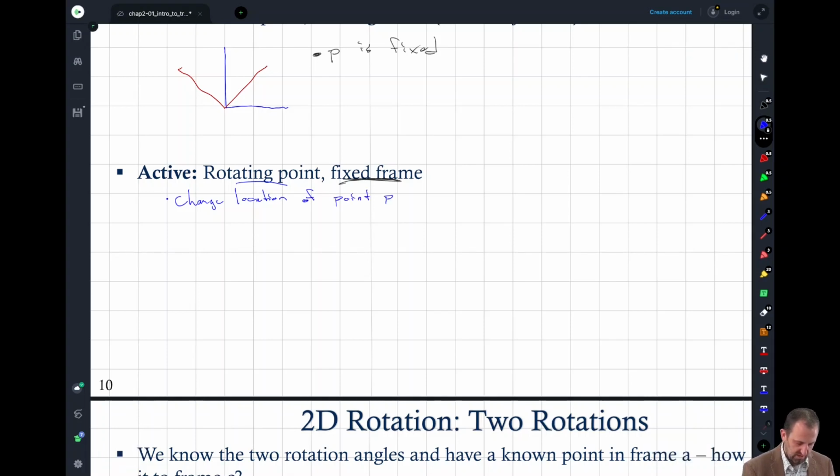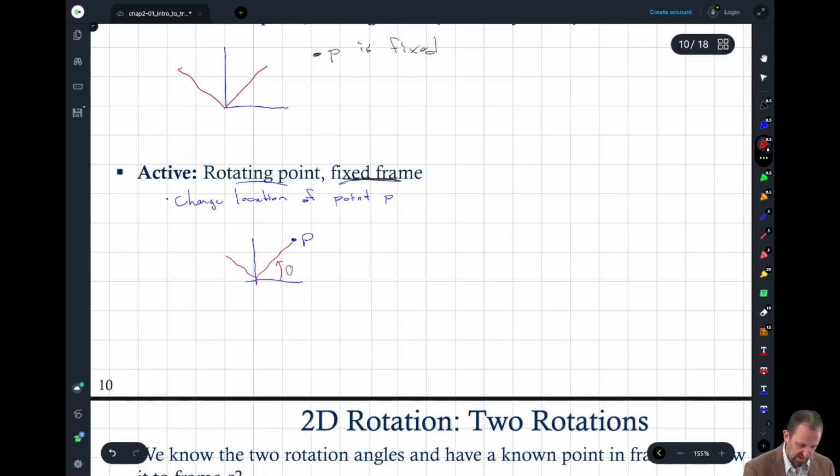So say we have a point P defined here, and we could essentially define a new frame, if this vector points directly at point P, we call that the angle to get to it.